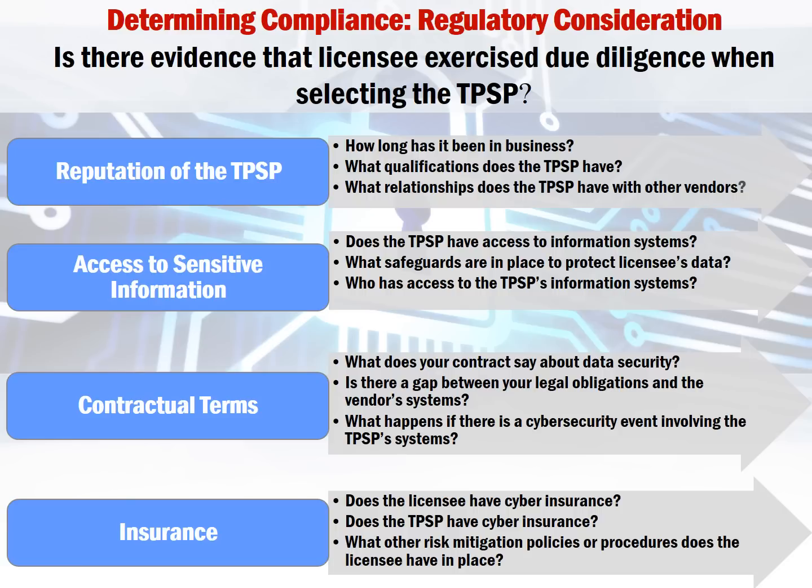You need to look at past security incidents involving the vendor, including cybersecurity events and post-event analysis and remediation, and also look at privacy or data security related litigation or regulatory enforcement actions that may have been taken against the vendor. These will all be key to let you know how seriously the vendor protects its own data and how likely it is that they have the processes and procedures in place to effectively protect yours.